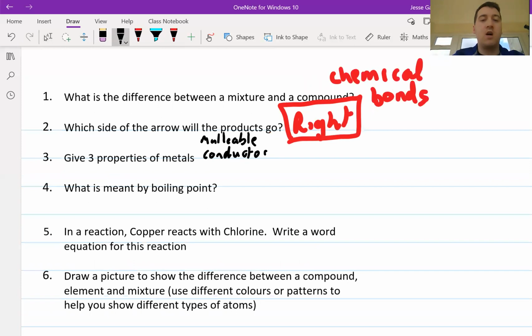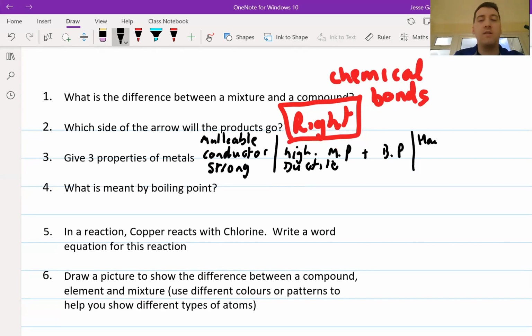Lots of them are strong. Not all of them, but lots of them are strong. Most of them have high melting points and boiling points. Some of them are ductile. Some of them are hard, which means it's difficult to scratch them. Okay, so those are typical properties of metals.